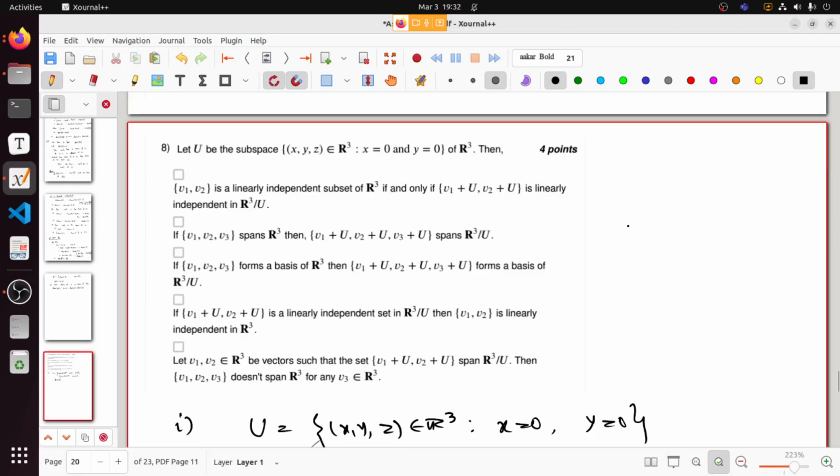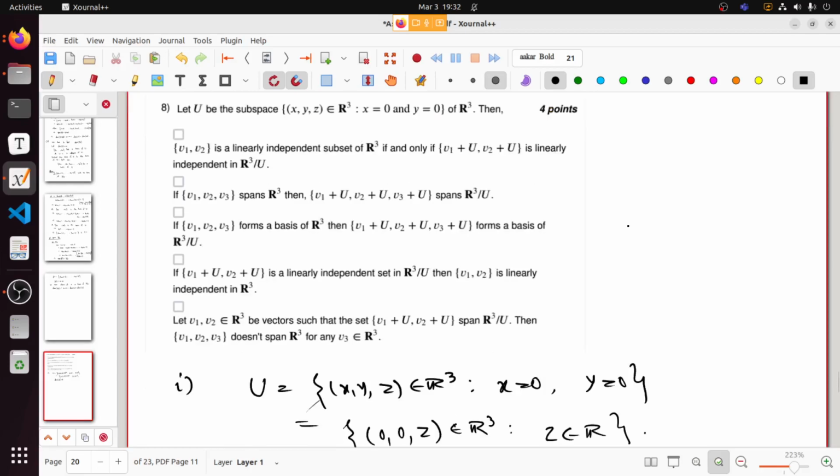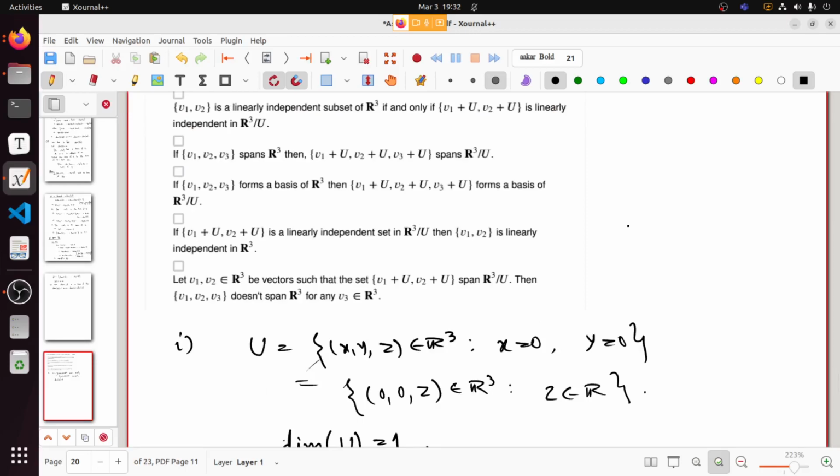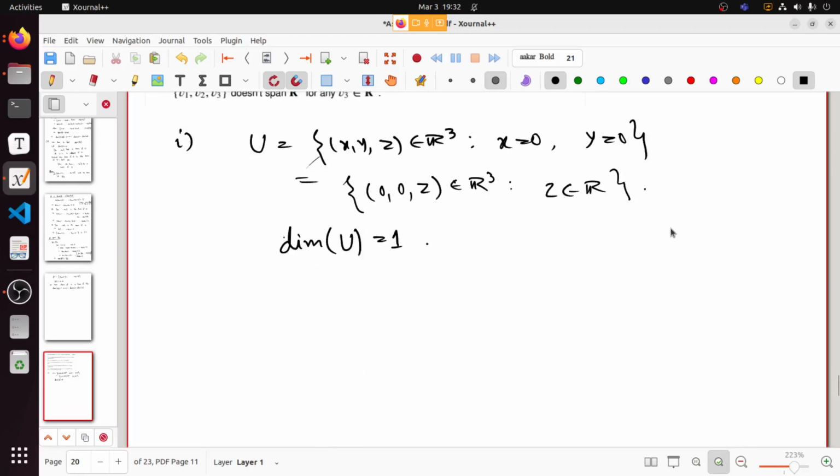Now what it is saying: if v1 and v2 are linearly independent subset of R3, if and only if v1 plus U, v2 plus U is linearly independent in R3 mod U. So it's saying that if you take two elements which are linearly independent in R3, then the corresponding cosets will be linearly independent in R3 mod U. So let's see that this is not true. You can easily check that (0, 0, 1) is in U, and this is in the standard basis of R3.